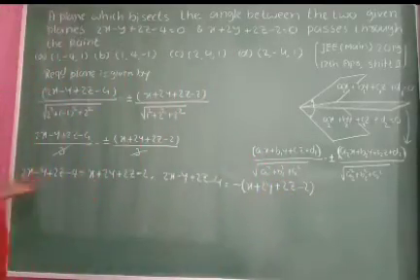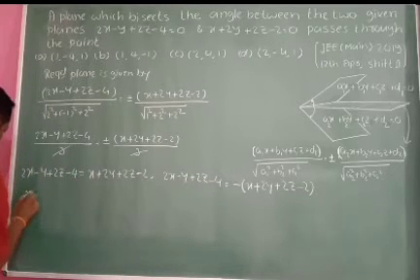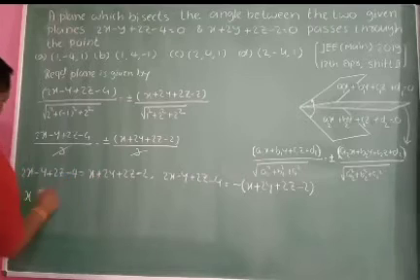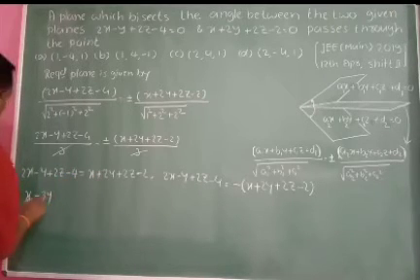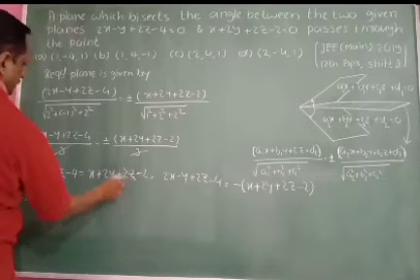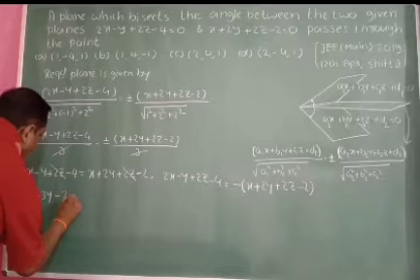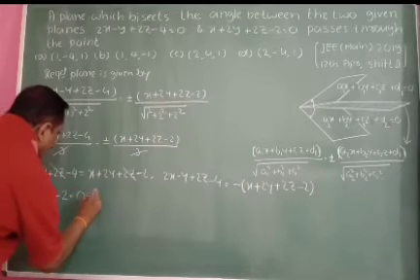Take all these terms to that side. 2x minus x becomes x, minus y minus 2y is minus 3y, then 2z and 2z cancel, minus 4 plus 2 becomes minus 2, equal to 0. Take this as equation number 1.